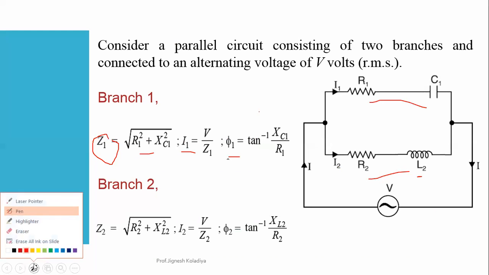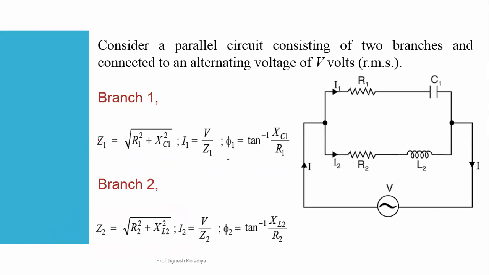If you have any doubt in this equation, you can tell me, or else you can look at the theory of RC series circuit so that you can understand it completely. Similarly, you can write for branch number 2, it is an RL series circuit.